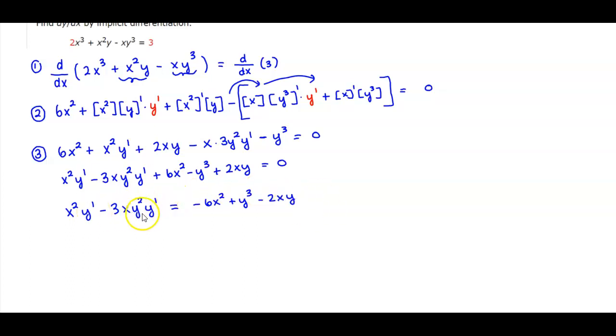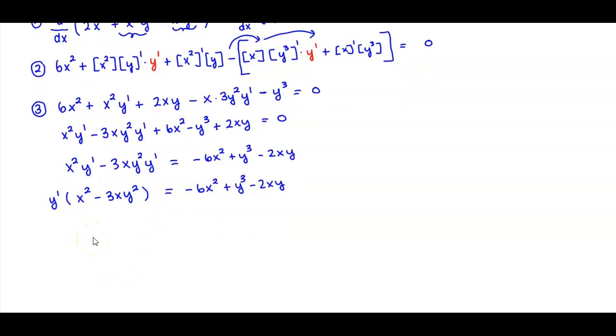Now again, we want to be able to solve for y prime, so we're going to factor that out. So if we factor out y prime, then we end up with x squared minus 3xy squared, and that's equal to negative 6x squared plus y cubed minus 2xy. And now in order to solve for y prime, we're going to divide both sides by x squared minus 3xy squared.